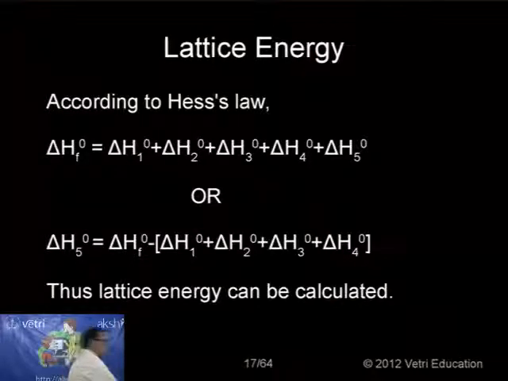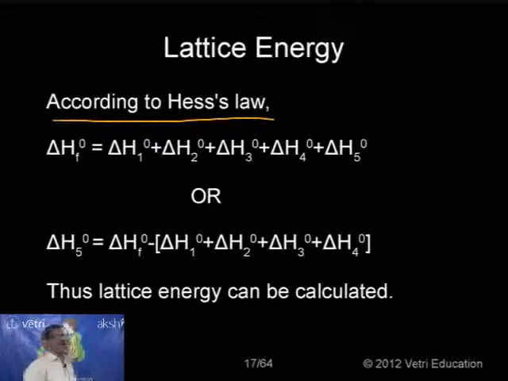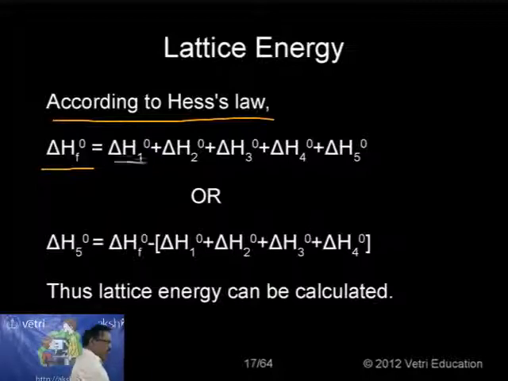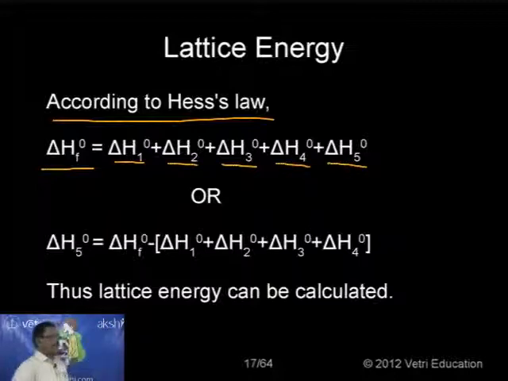This is the equation. We are getting the help of Hess law, which we will be studying under thermodynamics. The heat of formation of 1 mole of sodium chloride crystal is equal to delta H1 plus delta H2 plus delta H3 plus delta H4 plus delta H5. Can you follow? These are all the terms involved in the Born-Haber cycle.